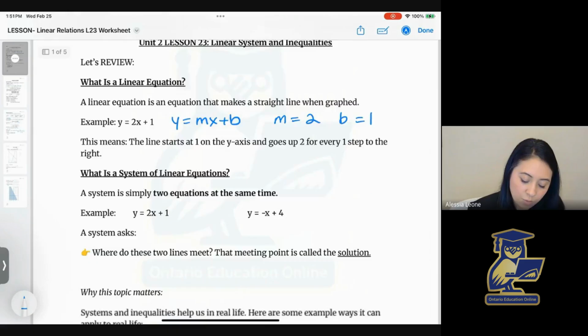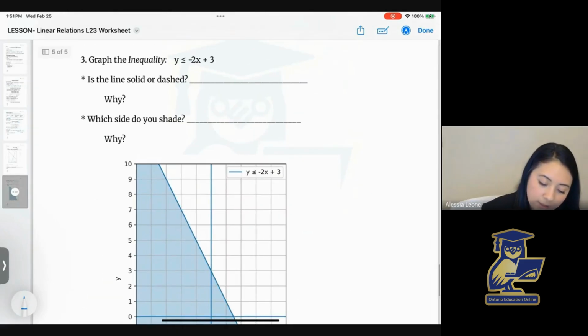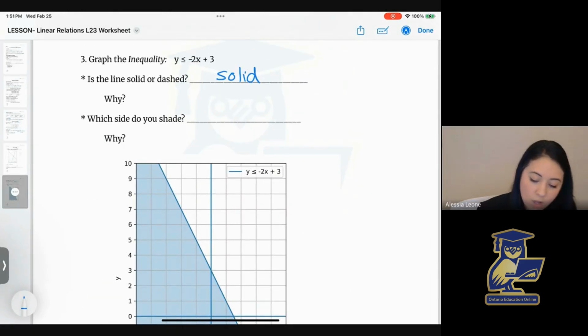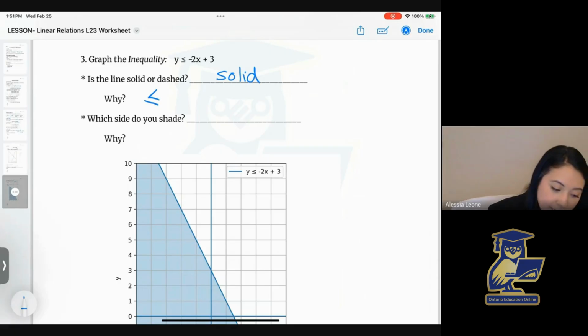That's just a rule we have. So the answer is solid. It's a solid line. Why? Because the equal to is included.